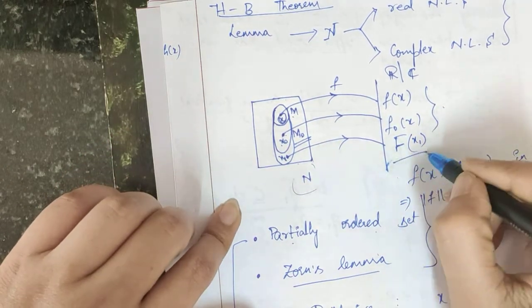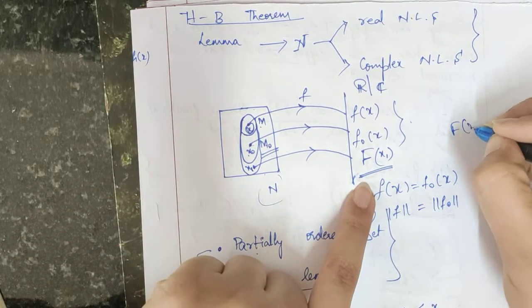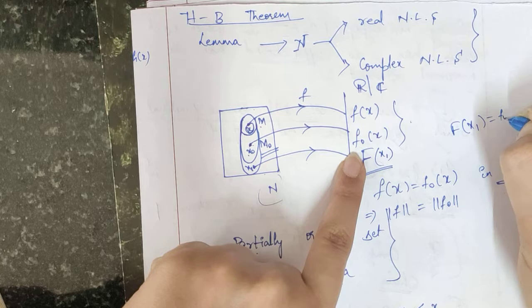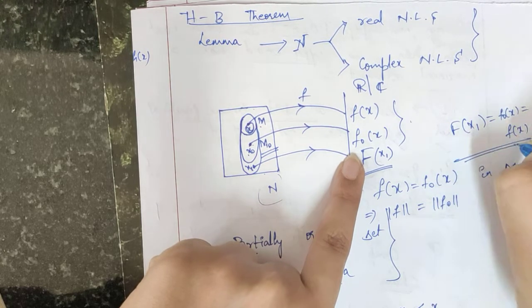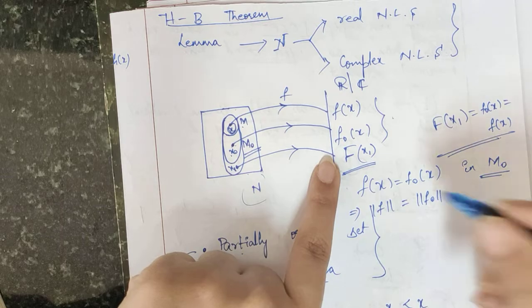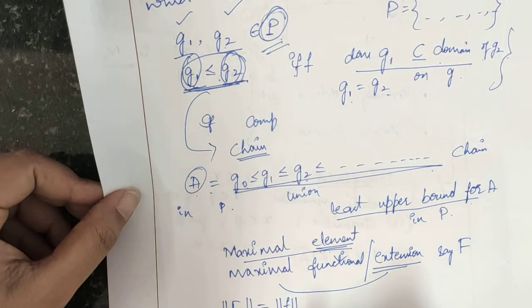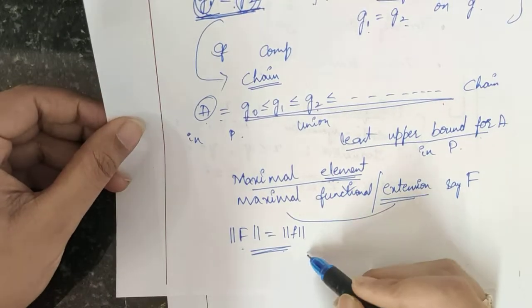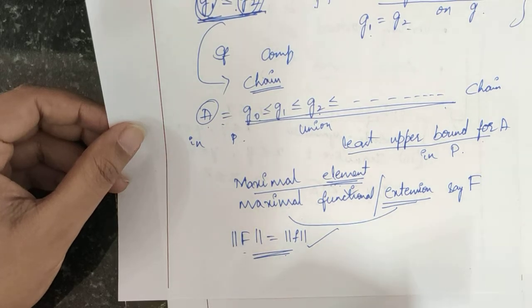If this is the maximum extension, then I can say that f of x1 is equal to f naught of x, and this is equal to f of x, right? So using the previous theorem, I can conclude that norm f is equal to norm f naught. So this is how we prove the Hahn-Banach theorem.